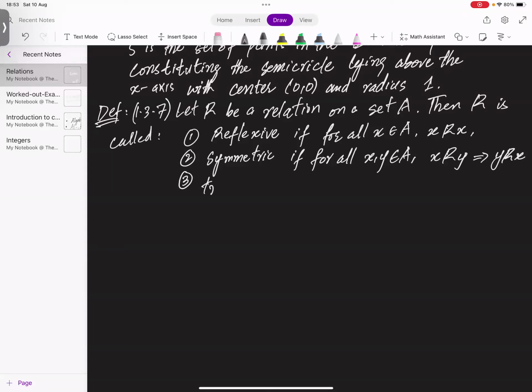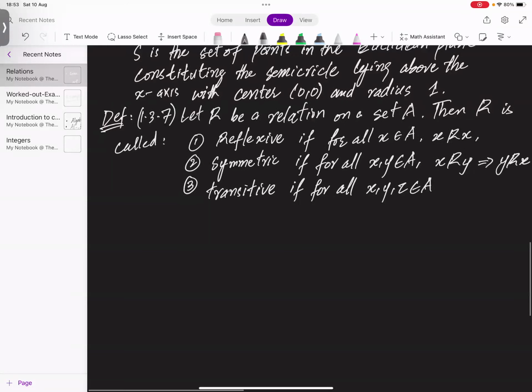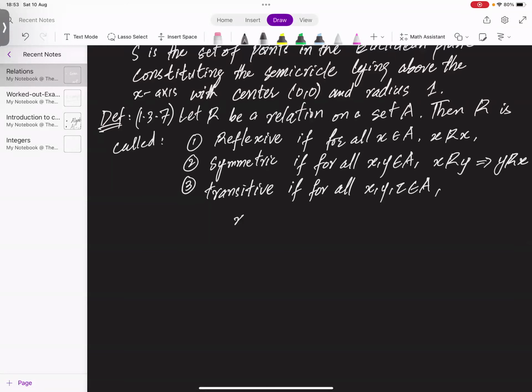Three, transitive, if for all x, y, z in A, x is R related to y and y is R related to z, implies x is R related to z. Perfect.